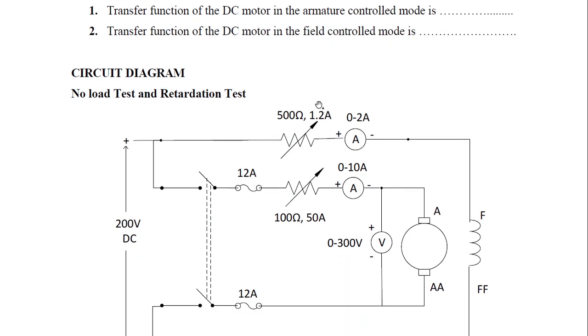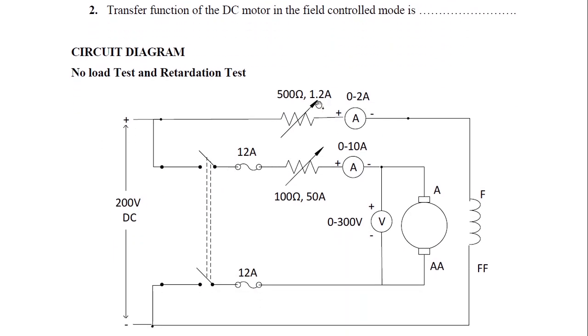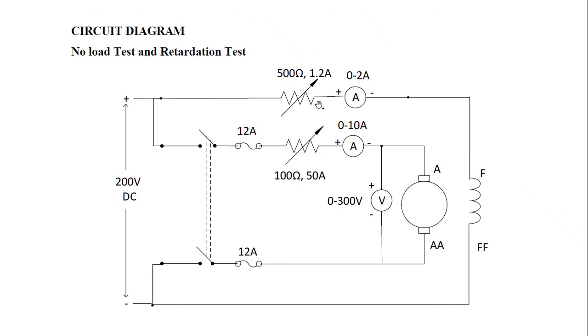In the same way, you have to set up this circuit diagram, and keep all the initial conditions: the armature rheostat at maximum position and the field rheostat at minimum position.